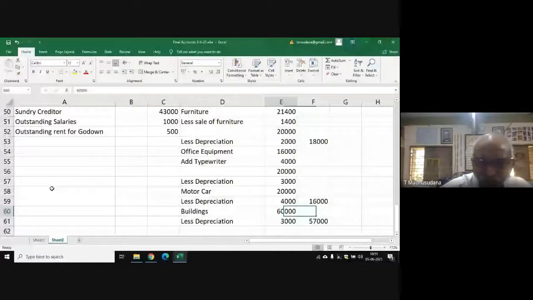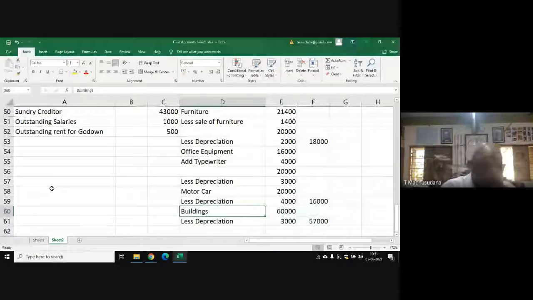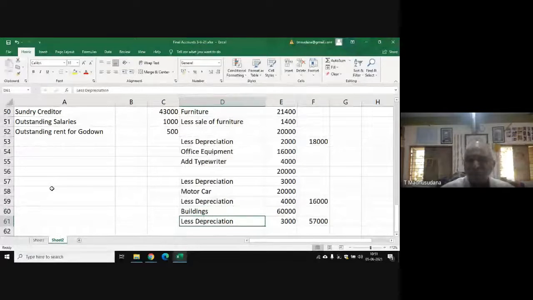The point is, the total value of buildings is 60,000 actually, but the complete building is not used for business purpose. Only 50% has been used for business purpose and the remaining 50% for his residential purpose. That's why we have to calculate depreciation only on the building used for business.